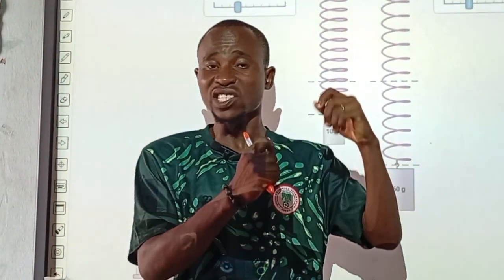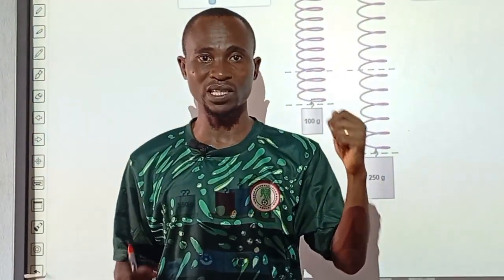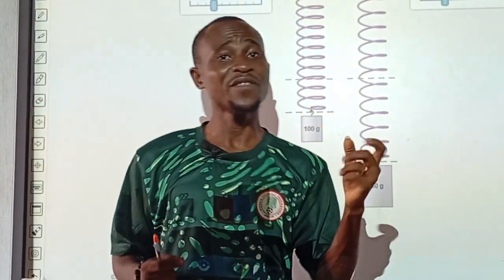So provided that you do not exceed the elastic limit of that material, Hooke's law plays in. That is, when I apply a force on a material, it's going to cause an extension in the length of the material. So if I double the force, what do you think will happen to the extension? The extension too will double.